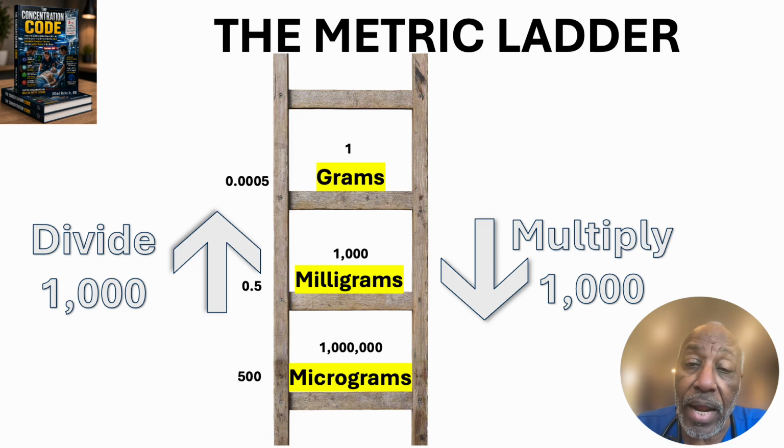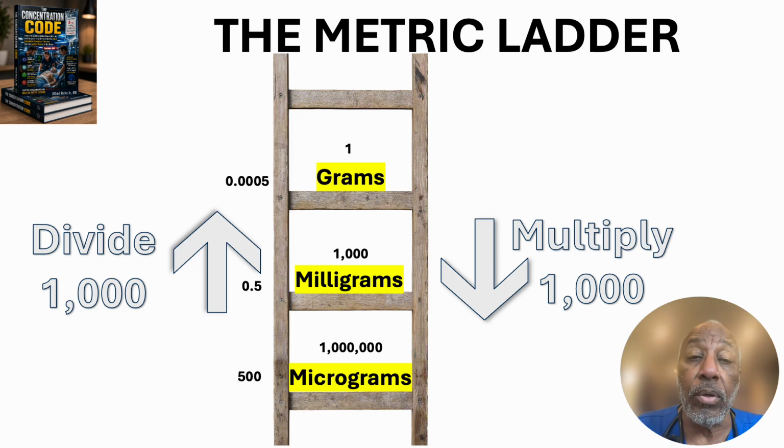Picture a vertical ladder with 3 rungs. The top rung is grams, the middle rung is milligrams, the bottom rung is micrograms. That's it. 3 labeled rungs, 3 units. Every drug weight conversion you'll ever need in emergency medicine lives somewhere on this ladder.